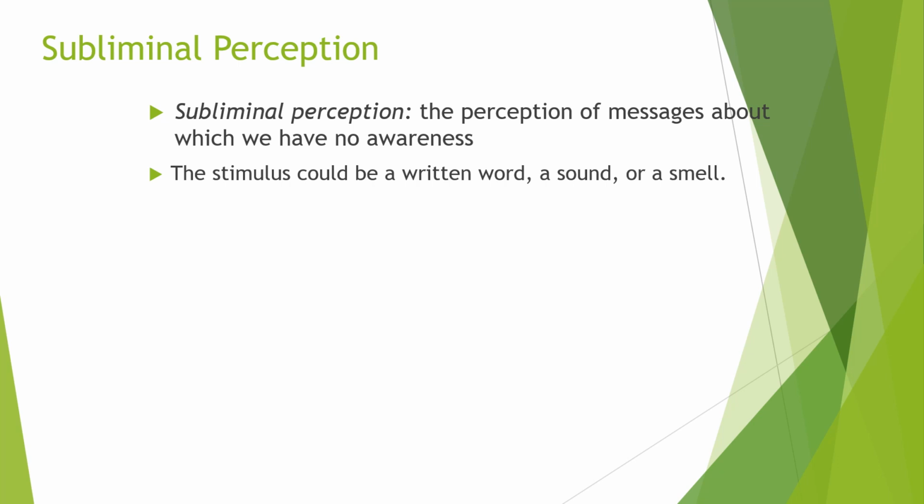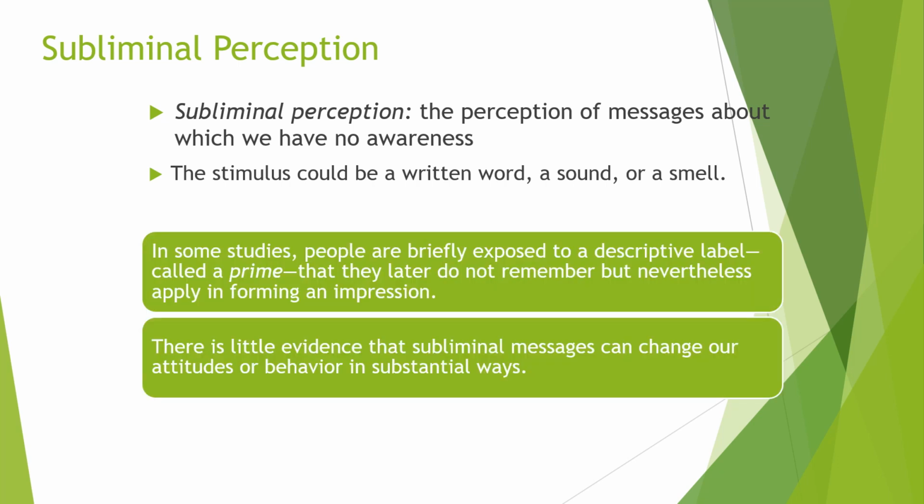So you have this perception of it, but it's below your level of awareness. In some studies, people are briefly exposed to a descriptive label called a prime that they later do not remember, but nevertheless, they can apply it in forming an impression.